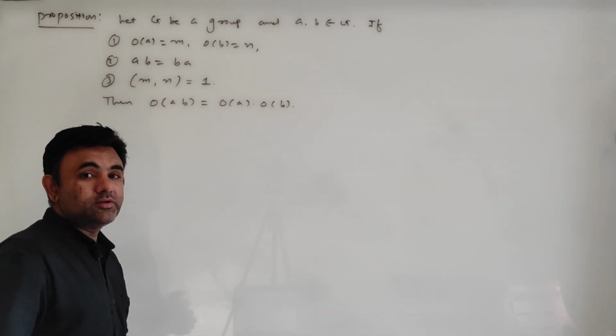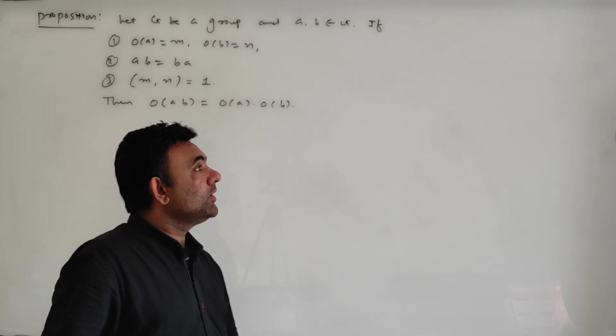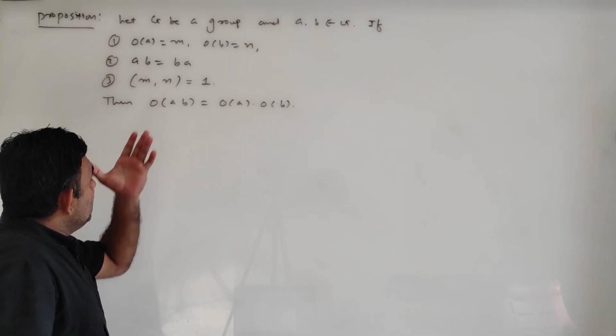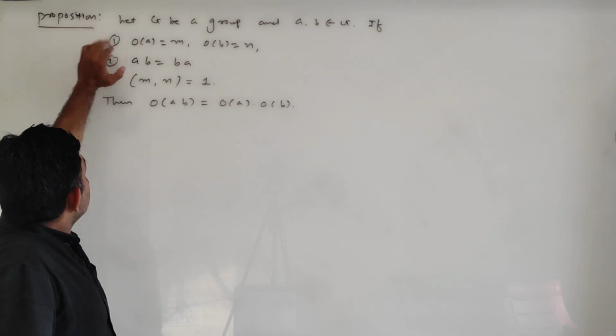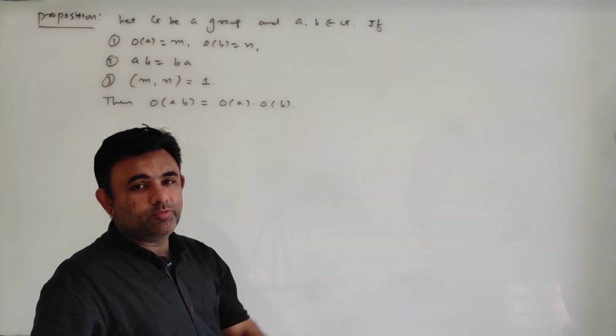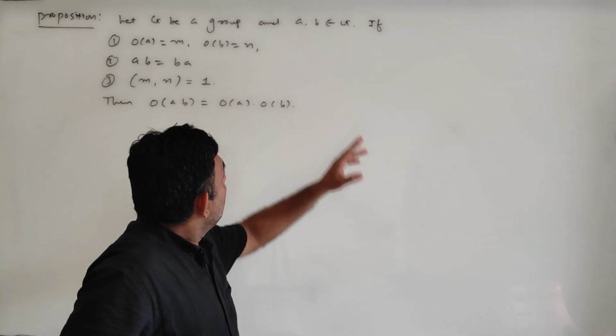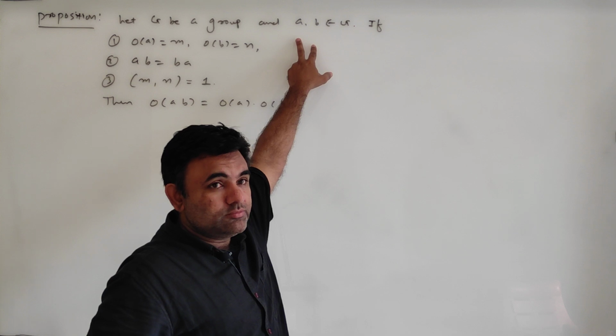So we have this result, and we will prove it. What is the meaning of this proposition? G is a group, any group, finite, infinite, abelian, non-abelian, there is no restriction on the group. Now we start with two elements.